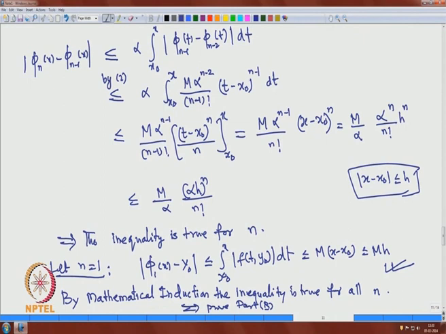As we have seen, the total proof of the Picard's existence and uniqueness theorem is divided into 4 parts. Part A gives some nice properties of the sequence phi n, and part B gives a very useful estimate for the sequence of functions phi n, and both these parts are proved.